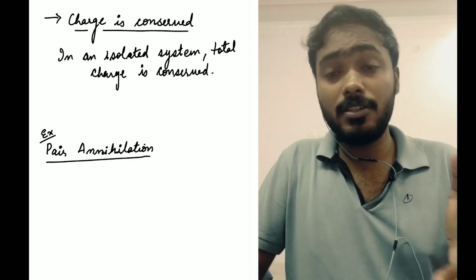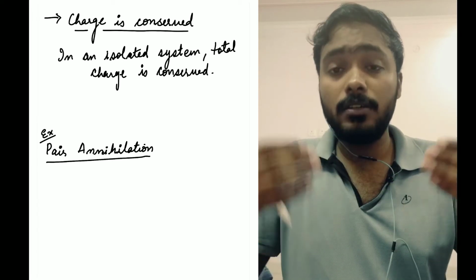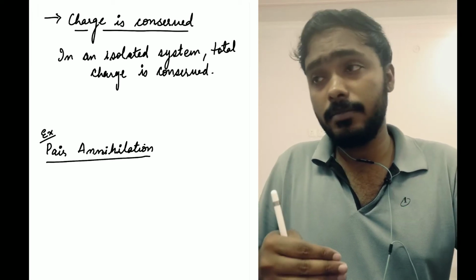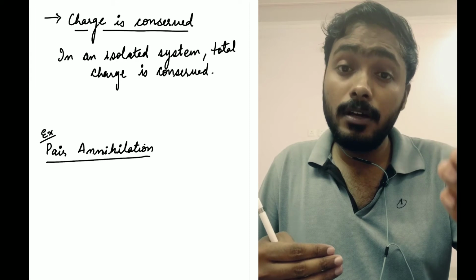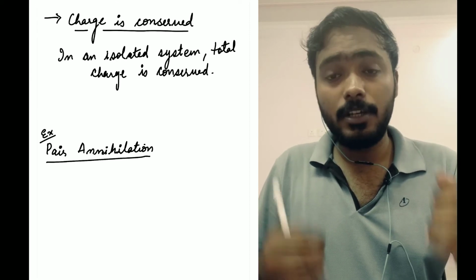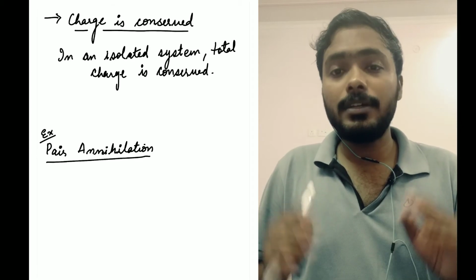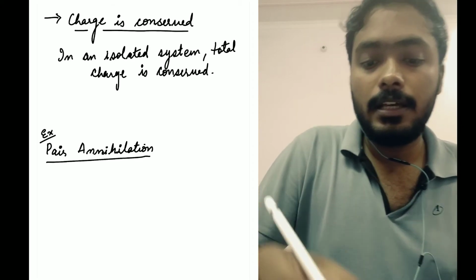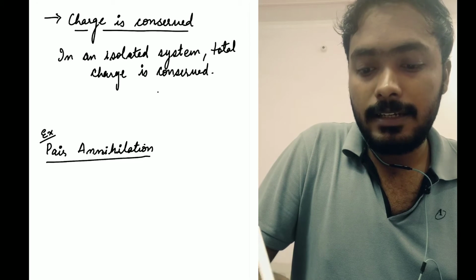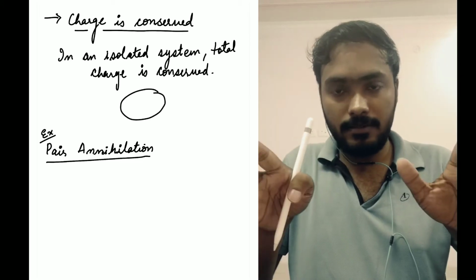Now what does that mean? So see, during nuclear processes, for example, let me take an example of beta minus decay. Beta minus decay is actually a nuclear process, and let's take it as an isolated system.